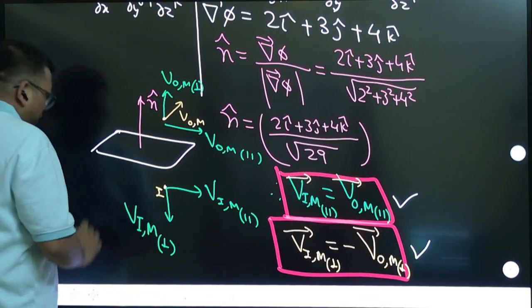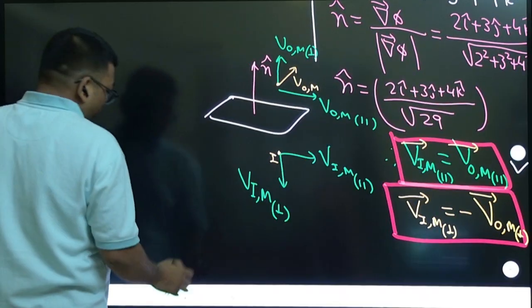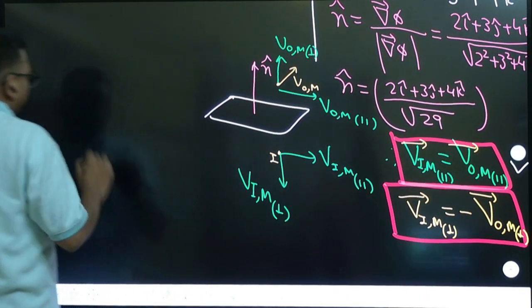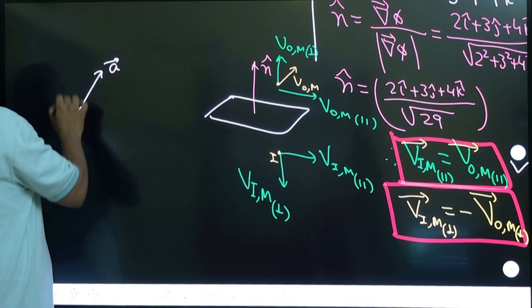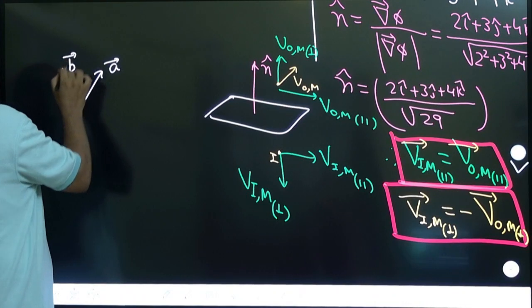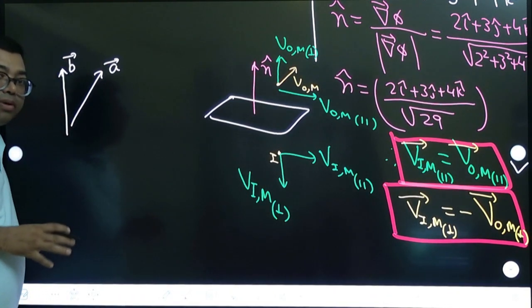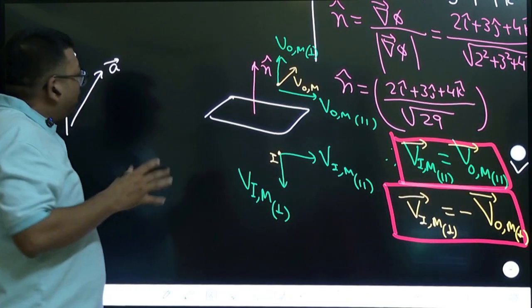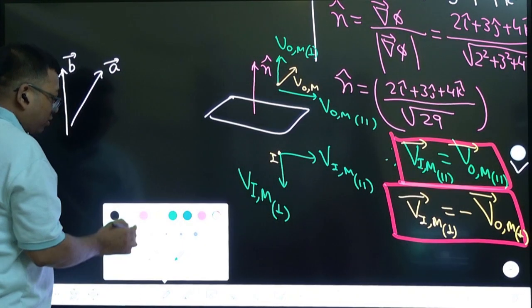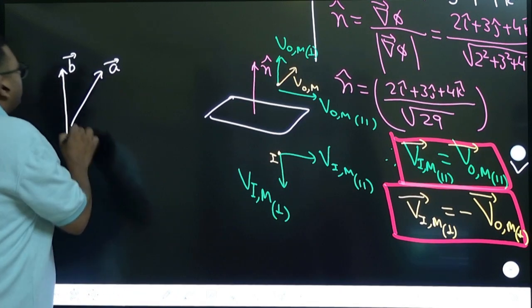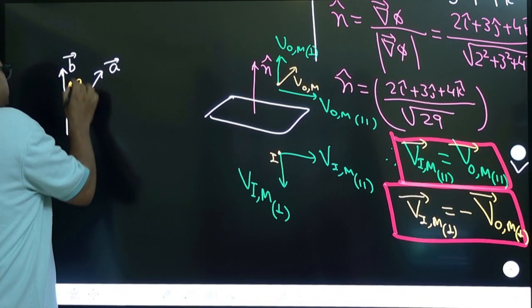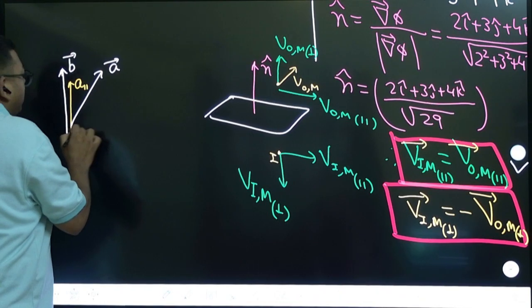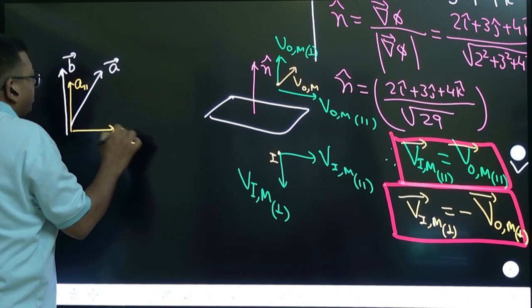So I will give you the formula before you go further. Suppose there is a vector A and there is a vector B. You know both vectors A and B, and I want to calculate the component of A along this vector, that means the parallel component, and I want to calculate A perpendicular.